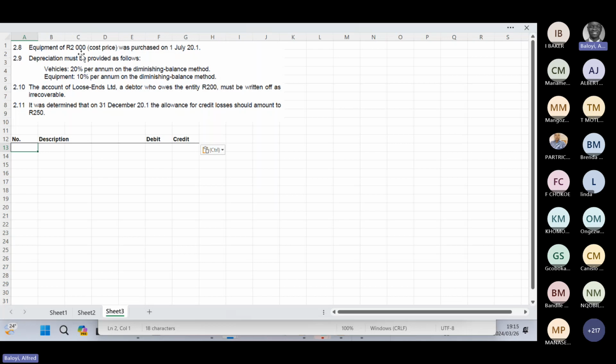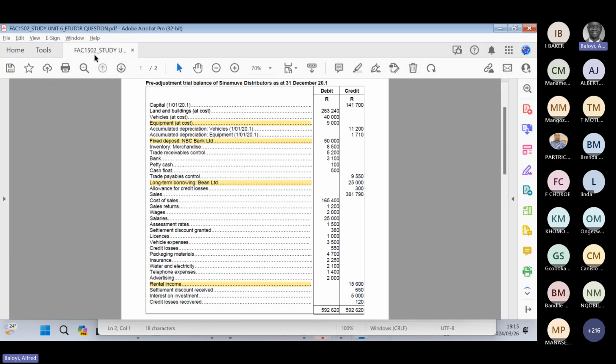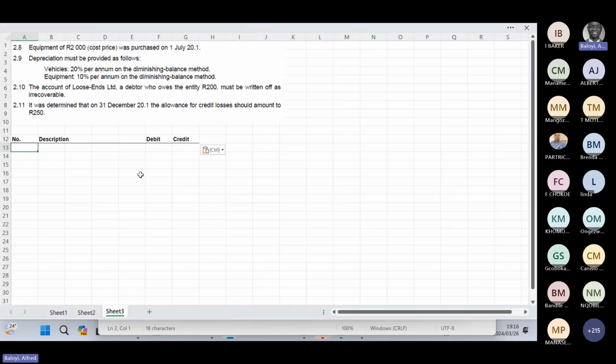So you see here, we're going to have an issue with this 2,000, because if there was equipment for 2,000 purchased during the year, meaning there was equipment for 7,000 that existed at the beginning of the year, right? So 2.8, there will be no implications, no adjustment.